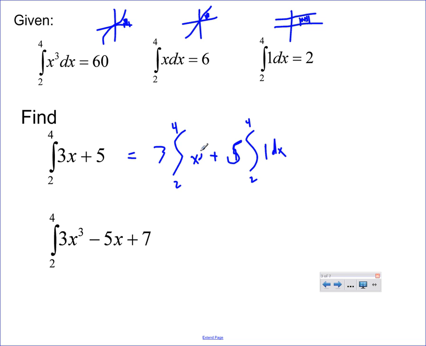That works. And I should put the dx in there for good order. So the definite integral of x is 6, so I get 3 times 6. The definite integral of 1 is 2, and so I get plus 5 times 2, 18 plus 10 is 28.